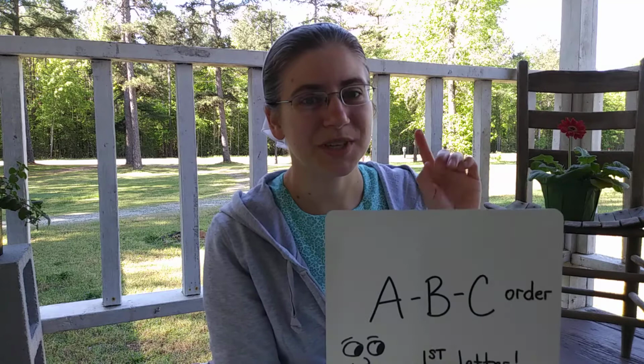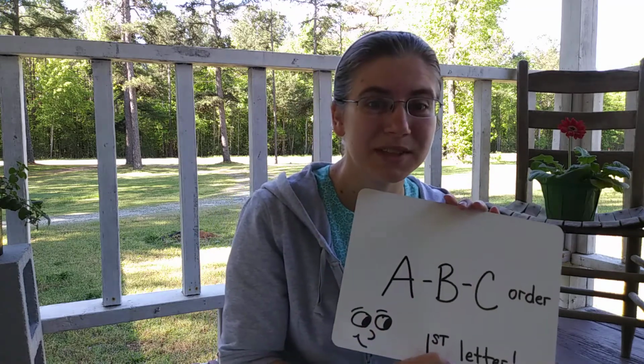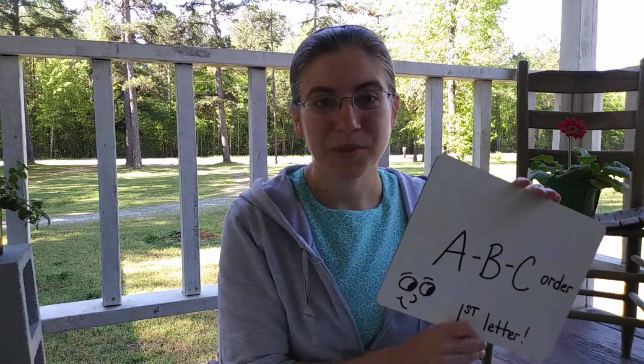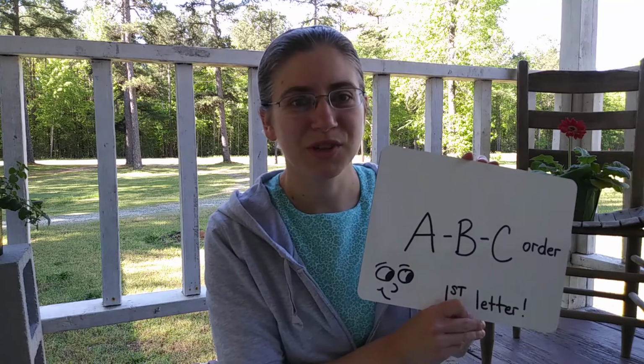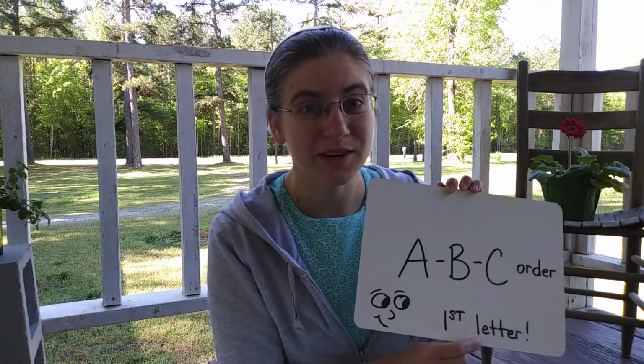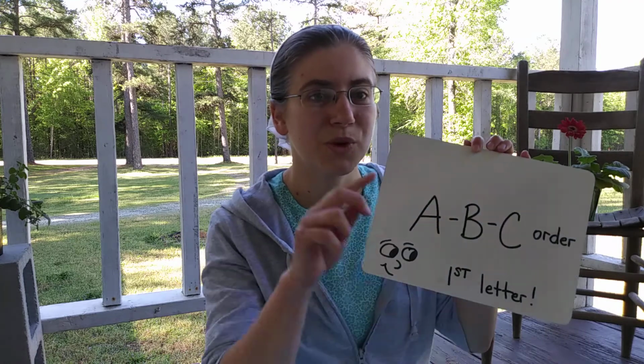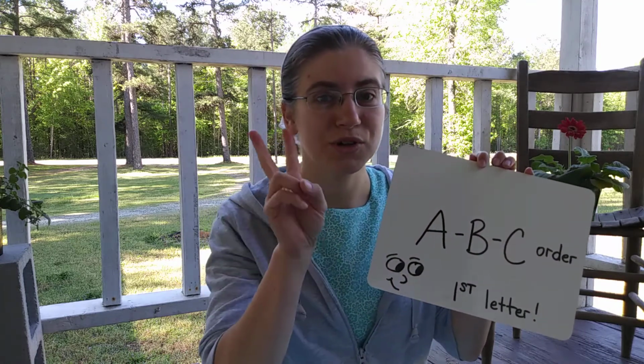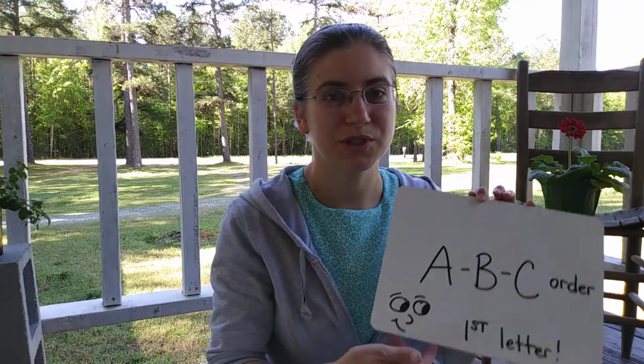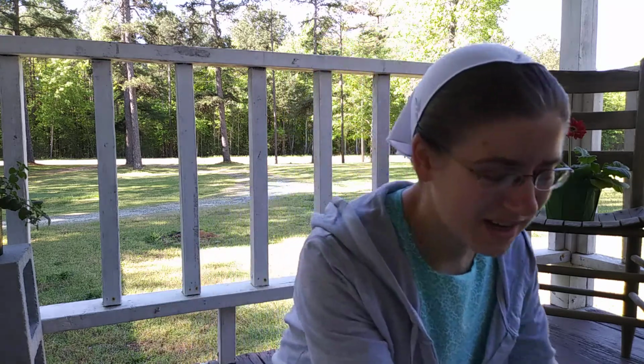So on your test, you don't even have to look at the second or the third letter because they will all be words that you can just look at the first letter of the word to figure out if it should be first, second, or third. There are 2 groups of words to put in ABC order. So don't number them 1 through 6. Only do 1 to 3 on one side and 1, 2, and 3 on the other side.